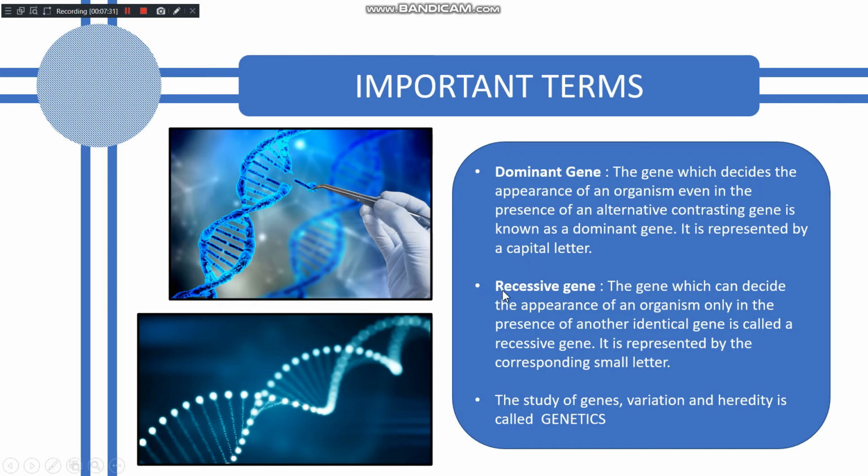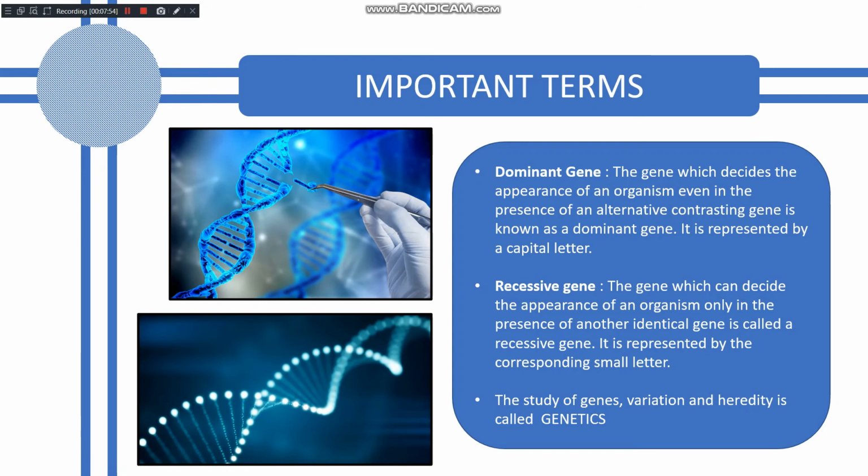Recessive genes are the genes which can decide the appearance of an organism only in the presence of another identical gene. Like if both small t and small t are present, then only this gene's appearance will appear. Otherwise, what would happen if one capital T and one small t is there?